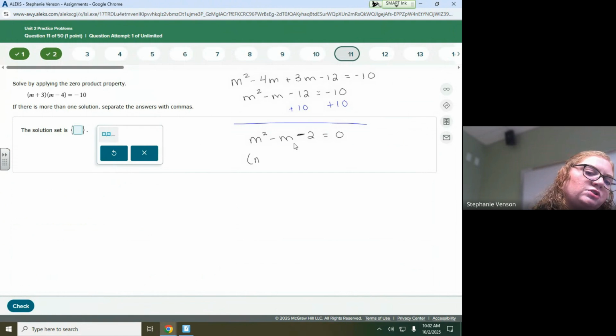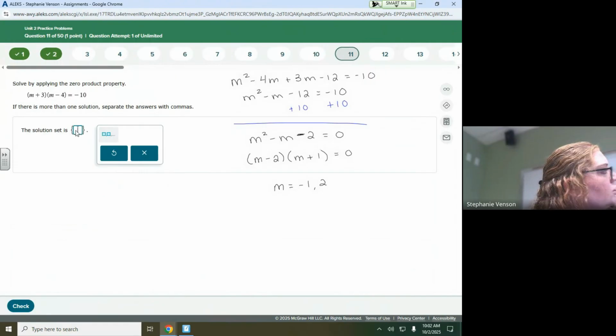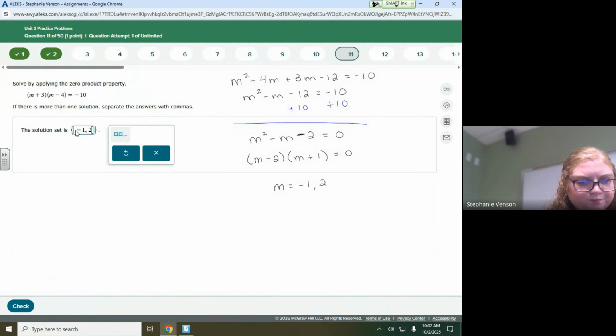So that factors into m minus 2 times m plus 1, because -2 times 1 would give me -2. -2 plus 1 would give me the -1 in the middle. So what are my two values of m? -1 and 2. Yep. And so it just says, if there is more than one solution, separate with commas. They've already got those curly braces for me, so -1 and 2.